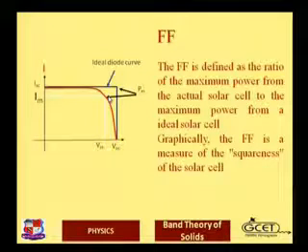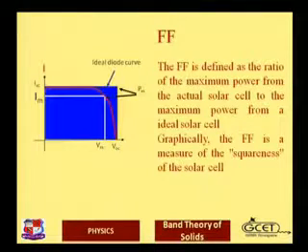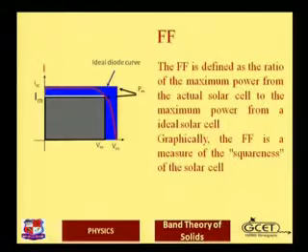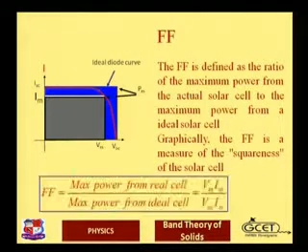The fill factor is defined as the ratio of the maximum power from the actual solar cell to the maximum power from an ideal solar cell. So graphically, FF is a measure of the squareness of the solar cell. FF is equal to the maximum power from the real cell to the maximum power from the ideal cell, VM IM upon VOC ISC.